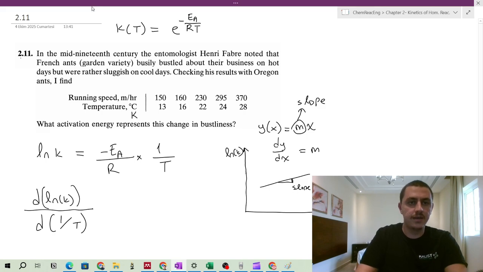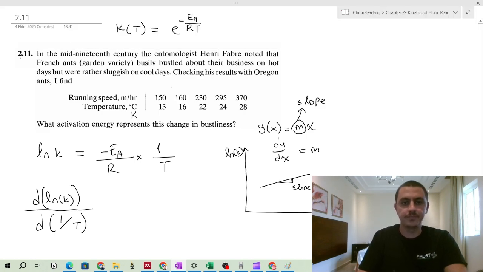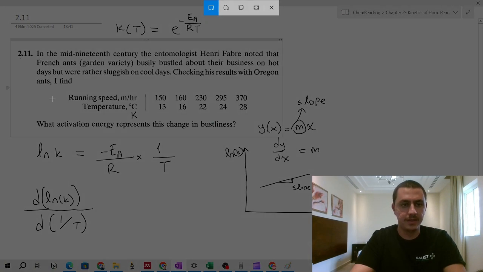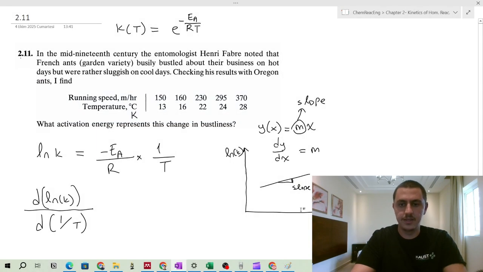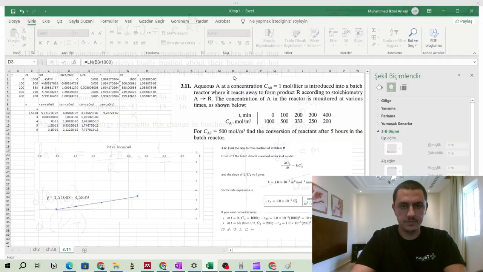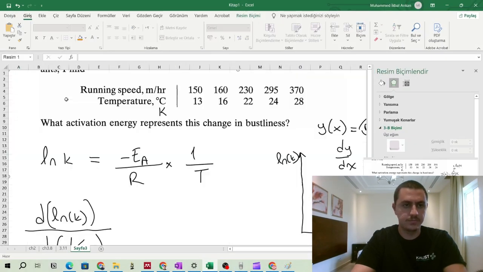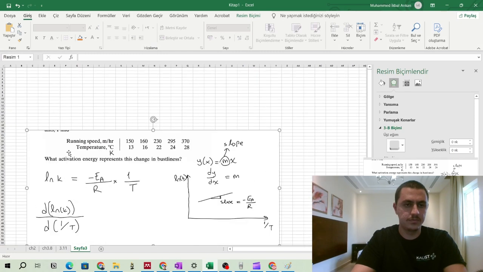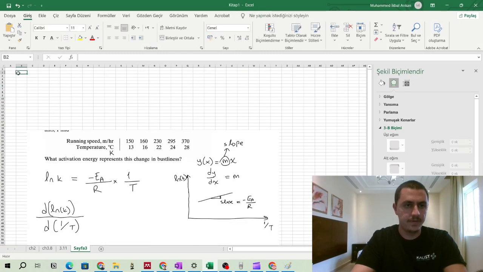So let's plot this in Excel, because Excel will be easy to work with. We have, let's say, T and speed k values.